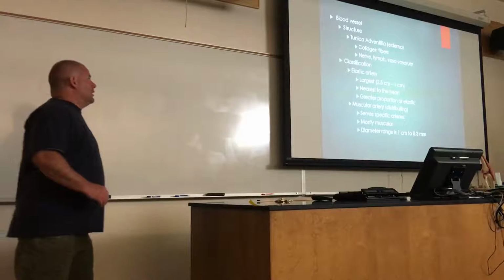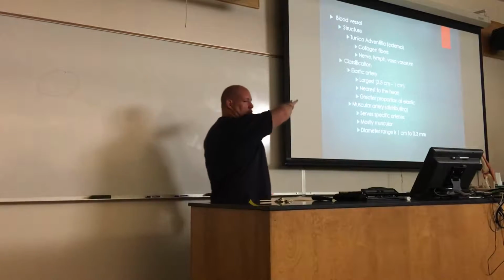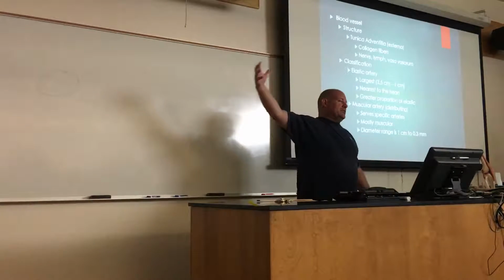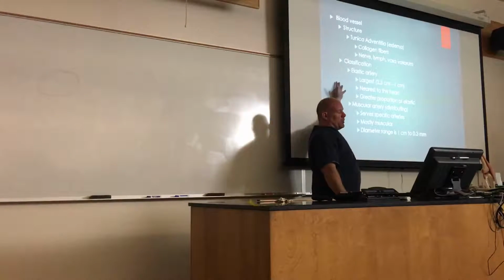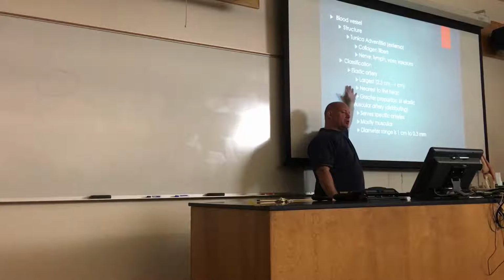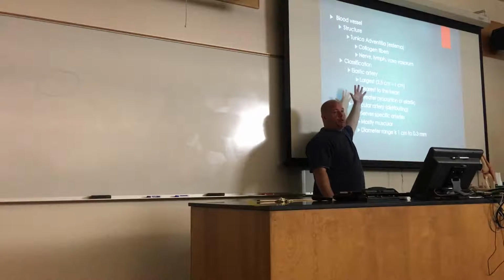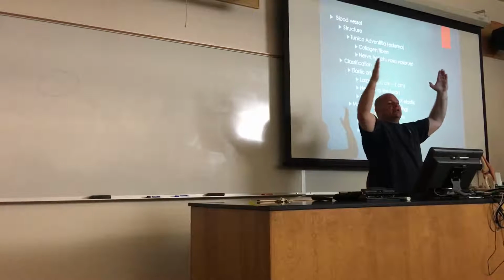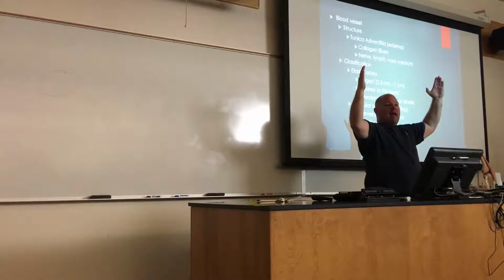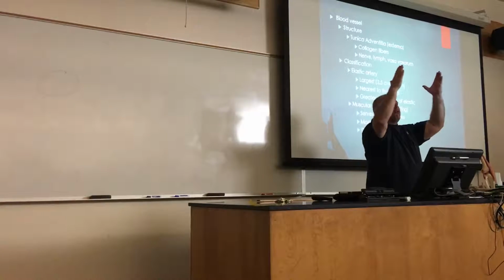Okay. So we're going to start with the arteries, and we're going to move to the capillaries, and we're going to move to the veins. Now here, the largest one is going to be an elastic. These are the ones that tend to be closest to the heart. The aorta is an elastic artery. Primarily because they're going to receive a bulk of that blood. As that blood pushes against the wall, I want that elastic component to recoil.